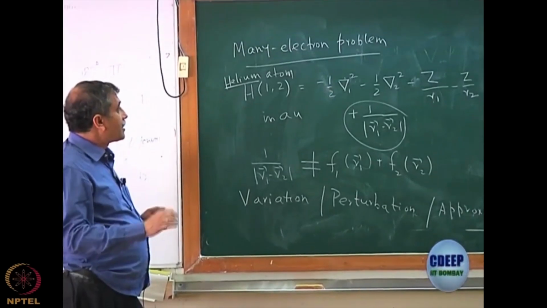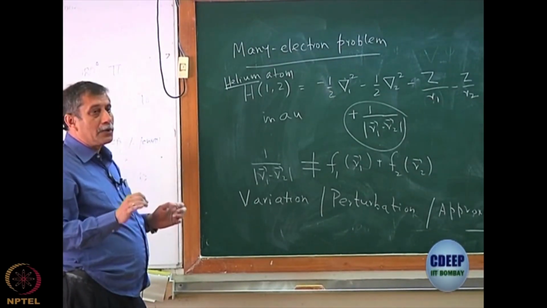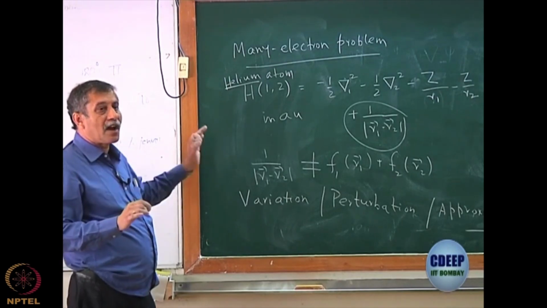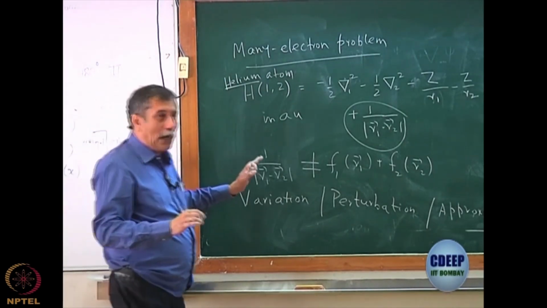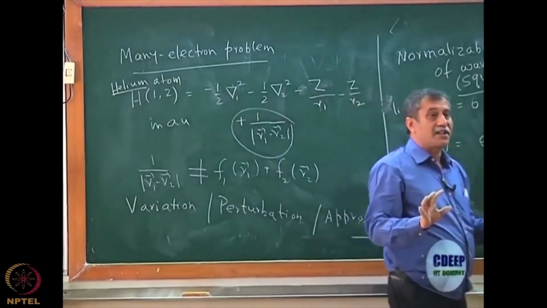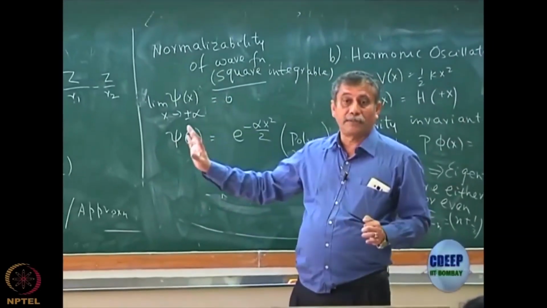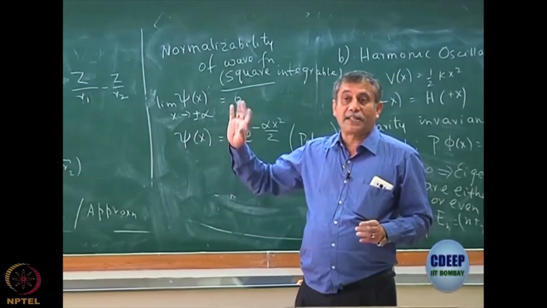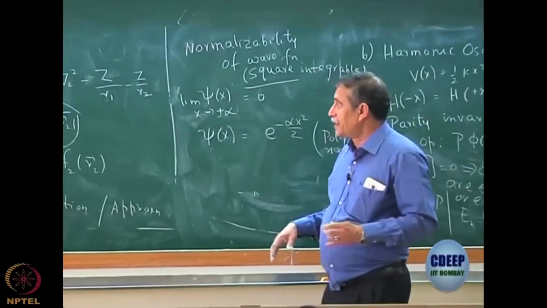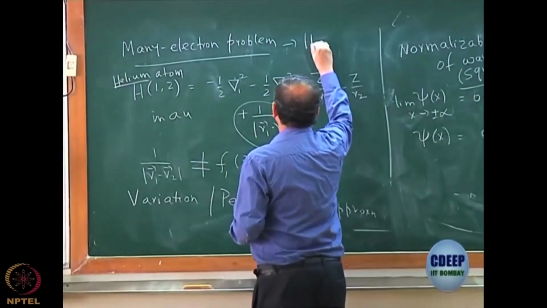So I might mention that this is where the basic problem of solution of the stationary states of the Hamiltonian starts. Although we are interested in solving only the stationary states of the Hamiltonian, even that solution is not possible. So what we will be discussing further in this course is how to solve the many-electron problem H psi equals E psi.